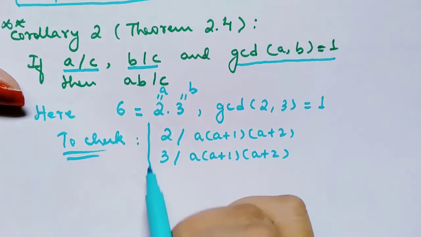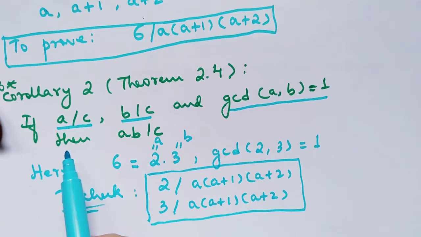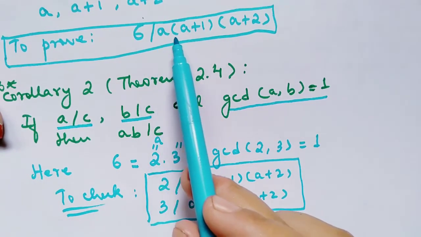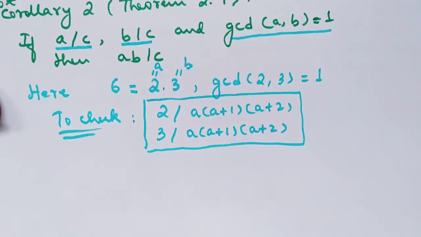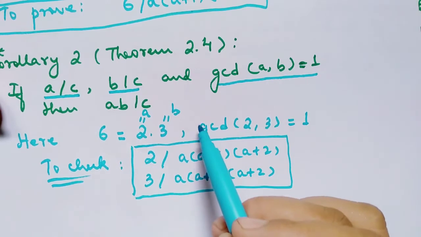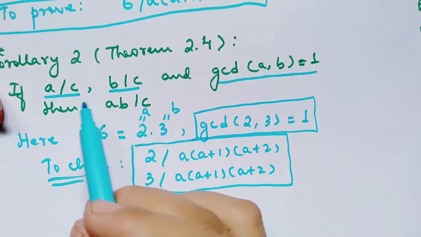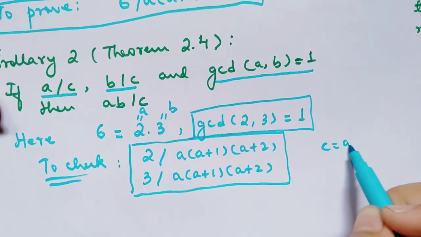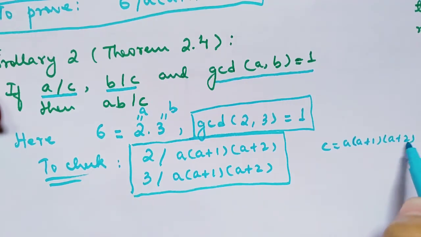If we can check these two, then using corollary number 2, we are sure that 6 divides a into a plus 1 into a plus 2. Okay, so let us do this. Our first job has been done. Now we check these two. Assume that c is a into a plus 1 into a plus 2.